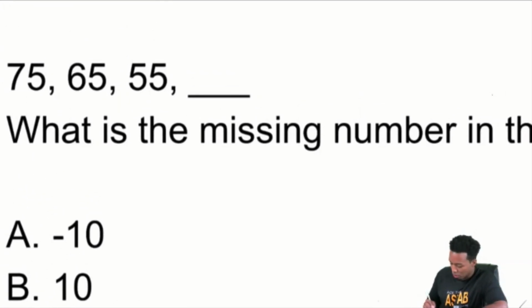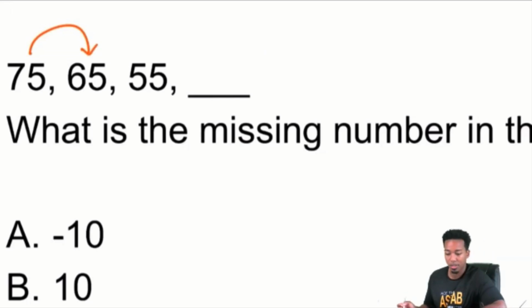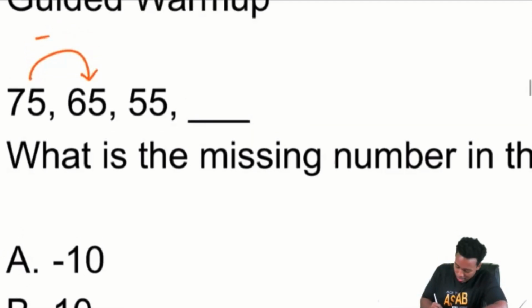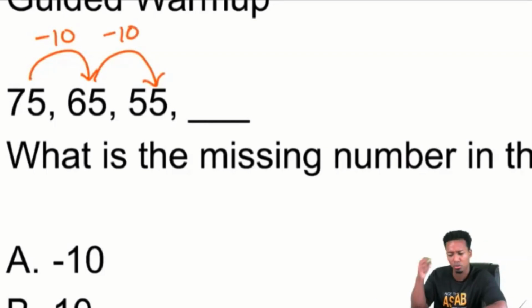So everybody, what's the rule? How do I go from 75 to 65? Right, we're going to be subtracting 10, not 5. We're going to be subtracting 10 because 75 minus 10 is 65. Now, does that same rule apply if I go from 65 to 55? Is that still true? Yes or no?